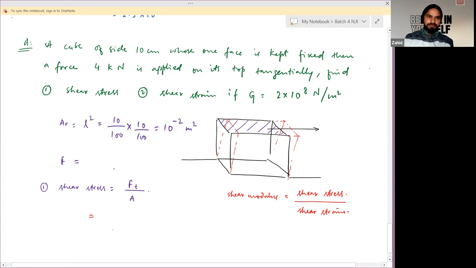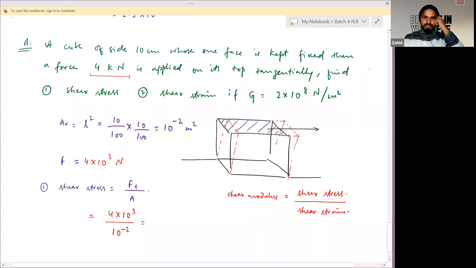Force is 4 into 10 to the power 3, since it is given in terms of kilonewton. So you may write it as 4 into 10 to the power 3 Newton. Divide by area, which is 10 to the power minus 2. So if you move this denominator to numerator, its exponential will become positive.